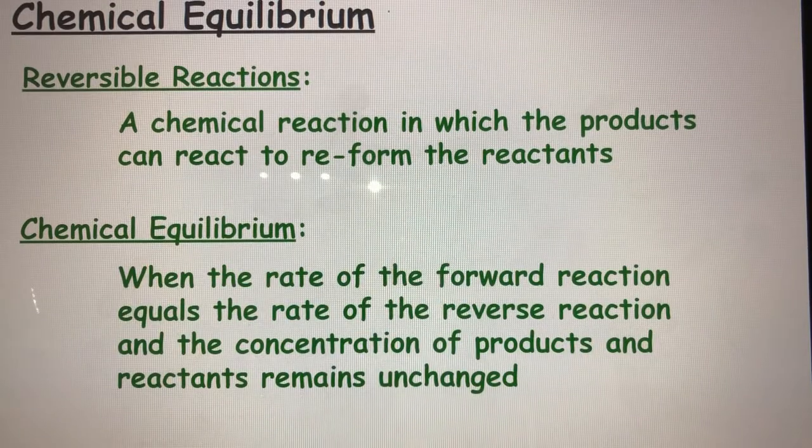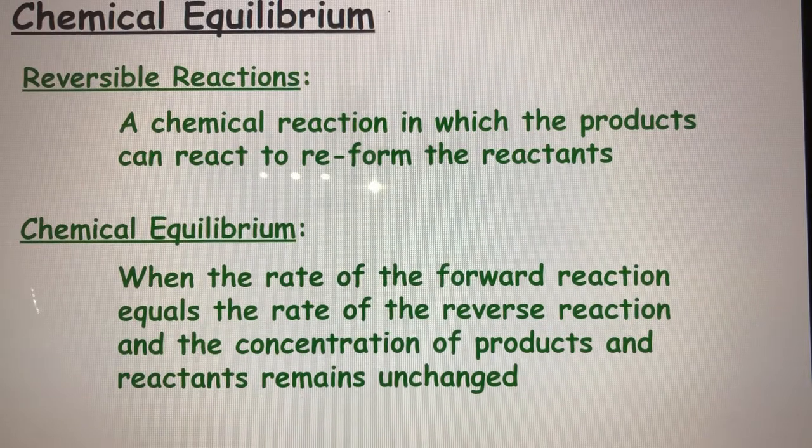So in chemical equilibrium, the rate of the forward reaction equals the rate of the reverse reaction, and the concentration of the products and the reactants remains unchanged. So let's say that there are 30 bicycle parts, all right? And there is one bike that is already made on the product side. As I am taking these separated parts and making more bicycles, someone is taking the bicycles that are made and breaking them down.